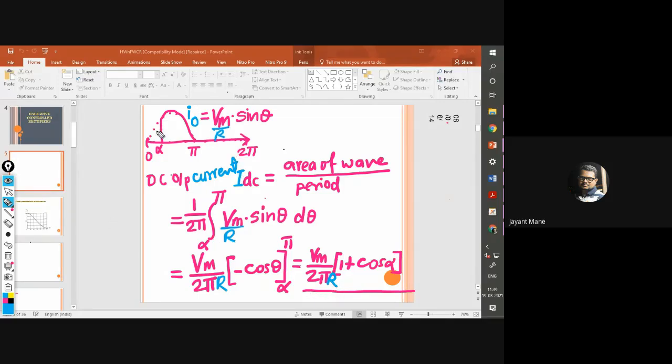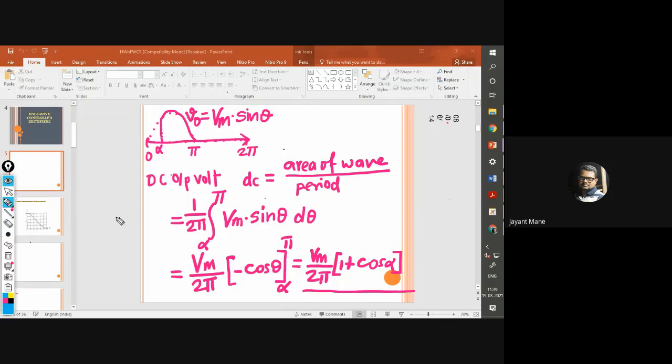Now once again we have to calculate RMS value for the voltage. So again the same waveform, and we want to calculate RMS value.